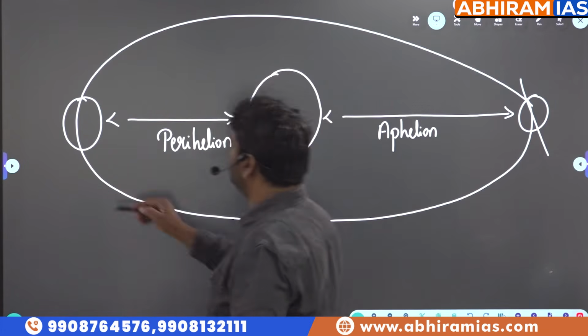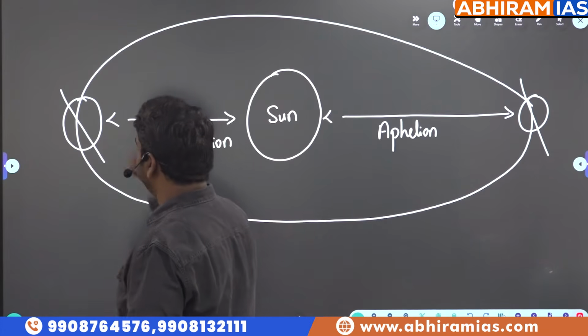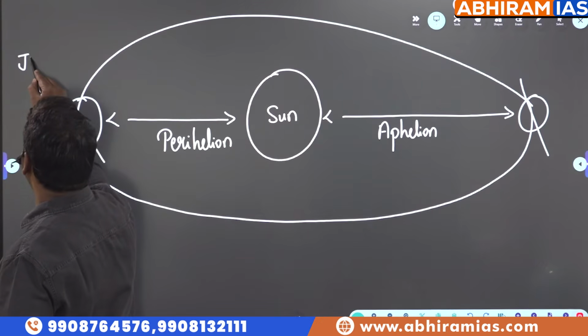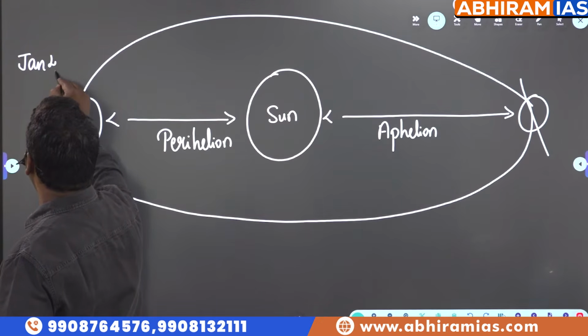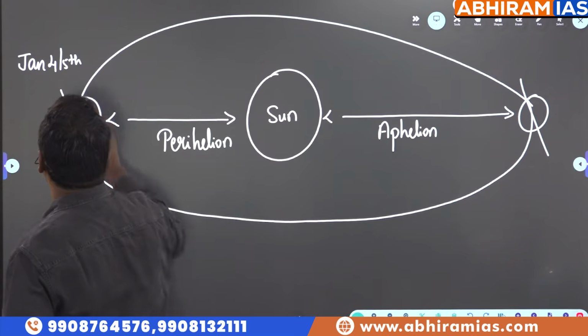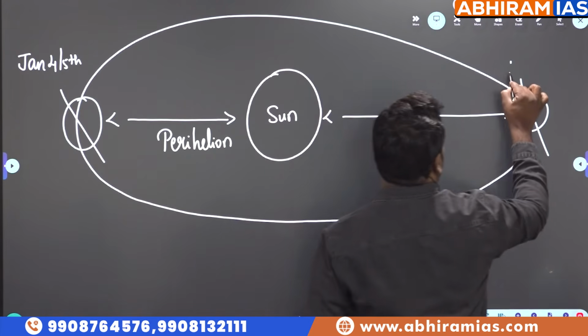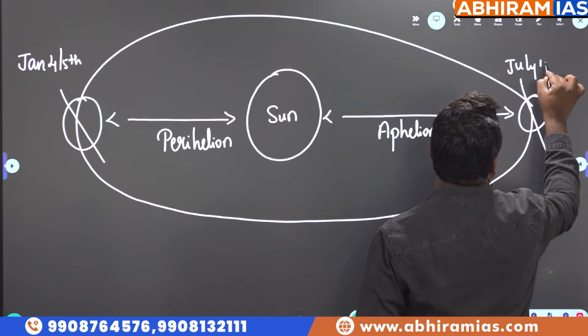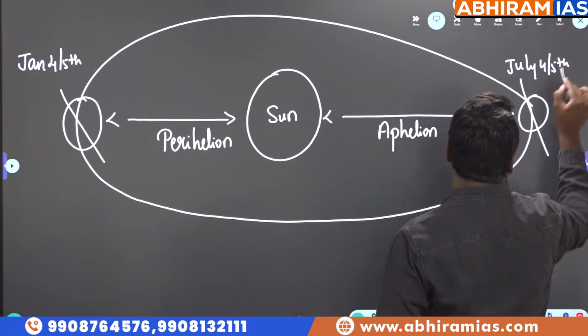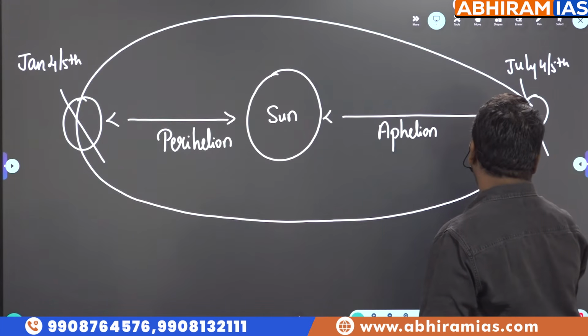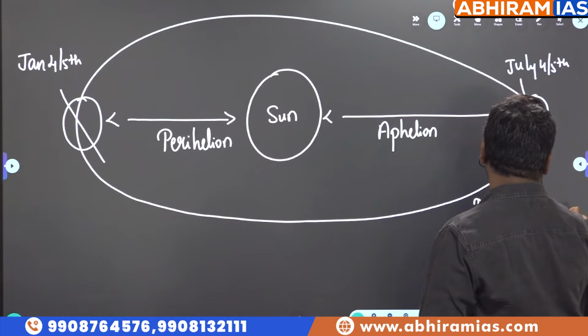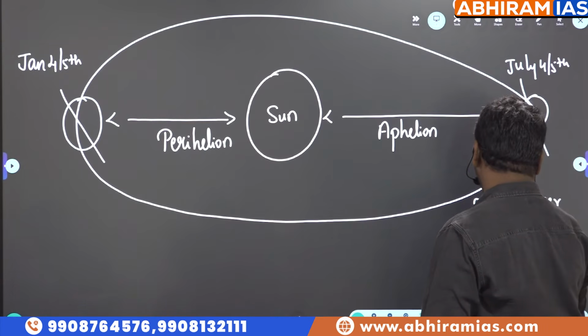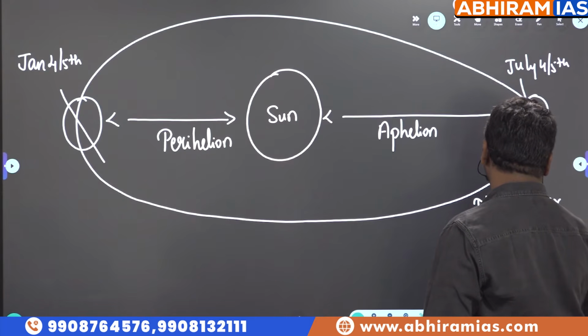Earth will be like this. This is Jan 4th or 5th, July 4th or 5th. Northern hemisphere has summer, southern hemisphere has winter.